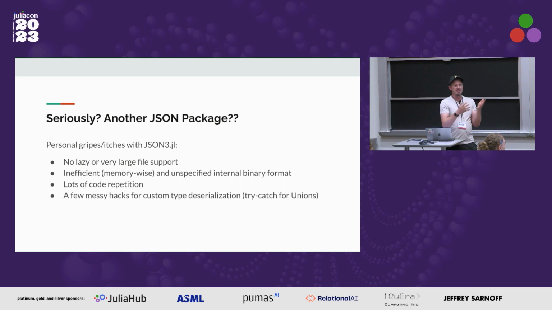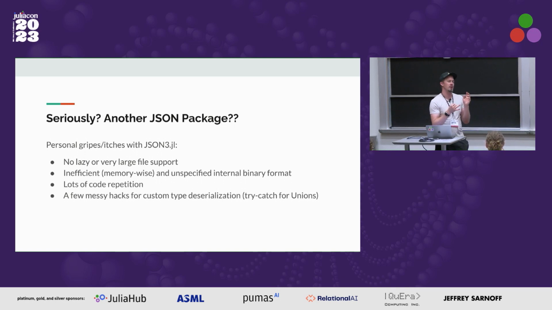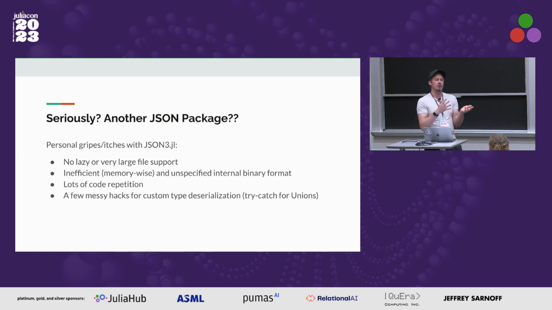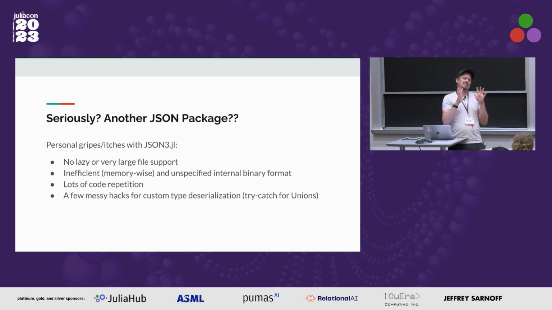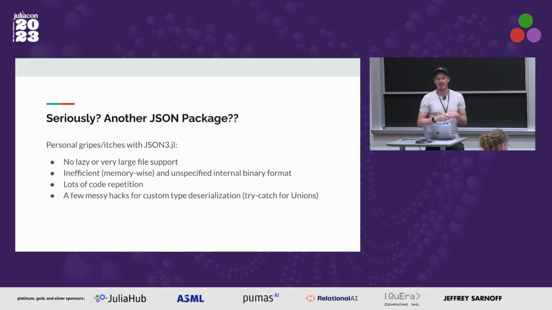It wastes a lot of space, and when you become familiar with other binary formats like protobuf or FlatBuffers or even BSON, they're much more memory efficient, and they have some really cool things going for them that made me think we should just use something like that. Because we're wasting a lot of space, and people were starting to want to rely on the internal binary format of JSON3, and that makes me really uncomfortable, because I sometimes can't even remember the details of how it works.